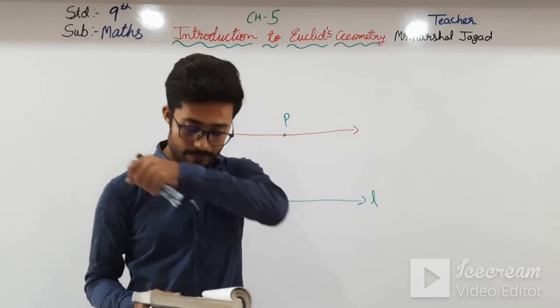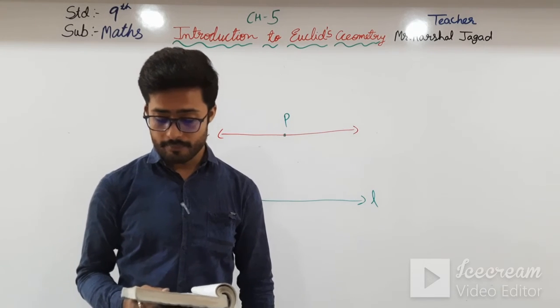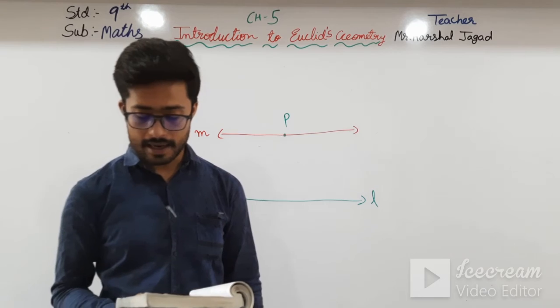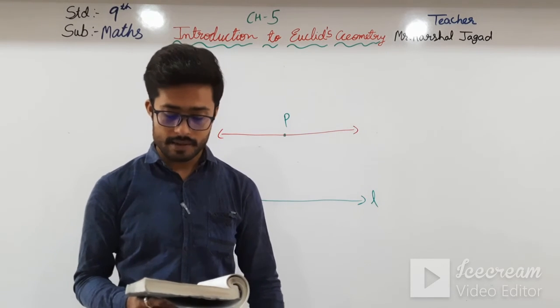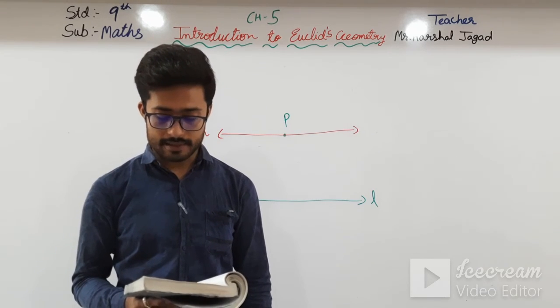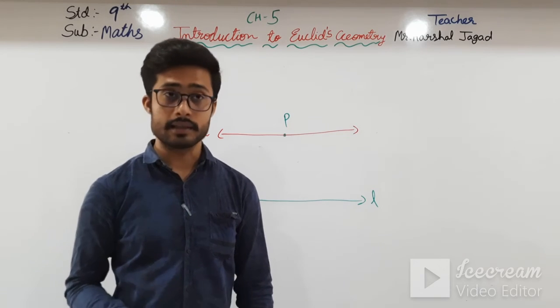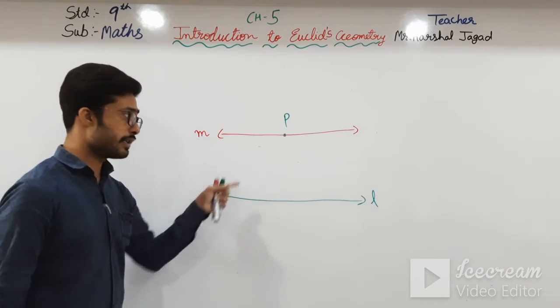This distance will be the same for every point on M from L and any point on L from M. So these two lines are everywhere equidistant from one another. Means they will be at equal distance.